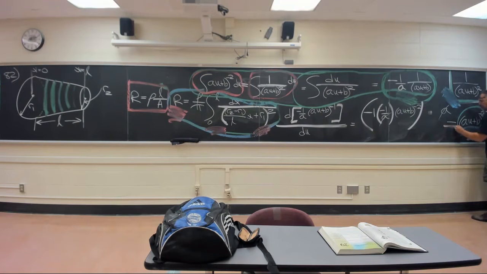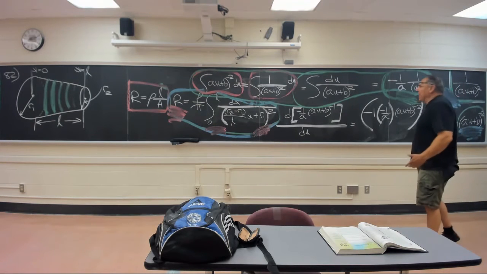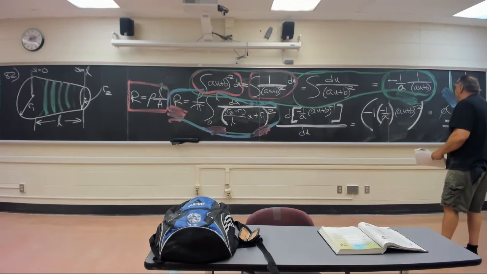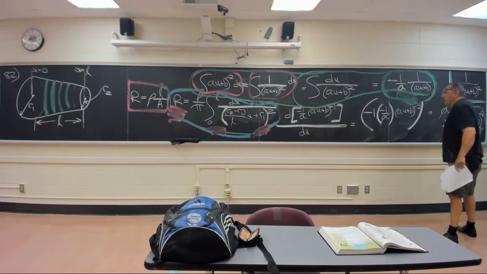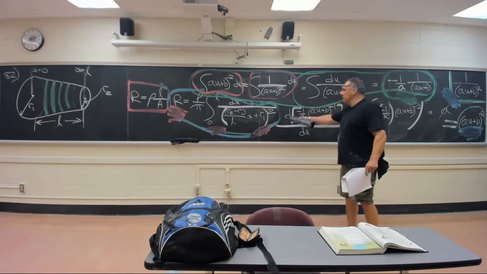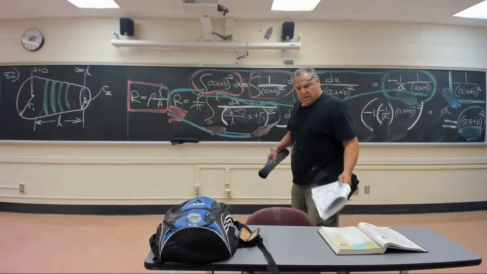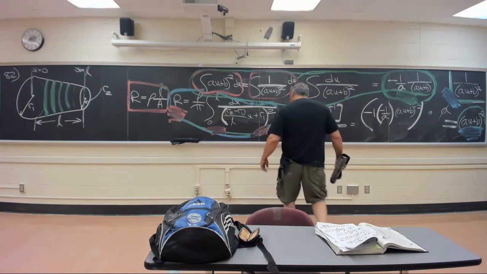So that's good. Well, that's it. At the end of the day, guys, we're going to use this right here to solve what's going on over here and get the answer we were talking about.